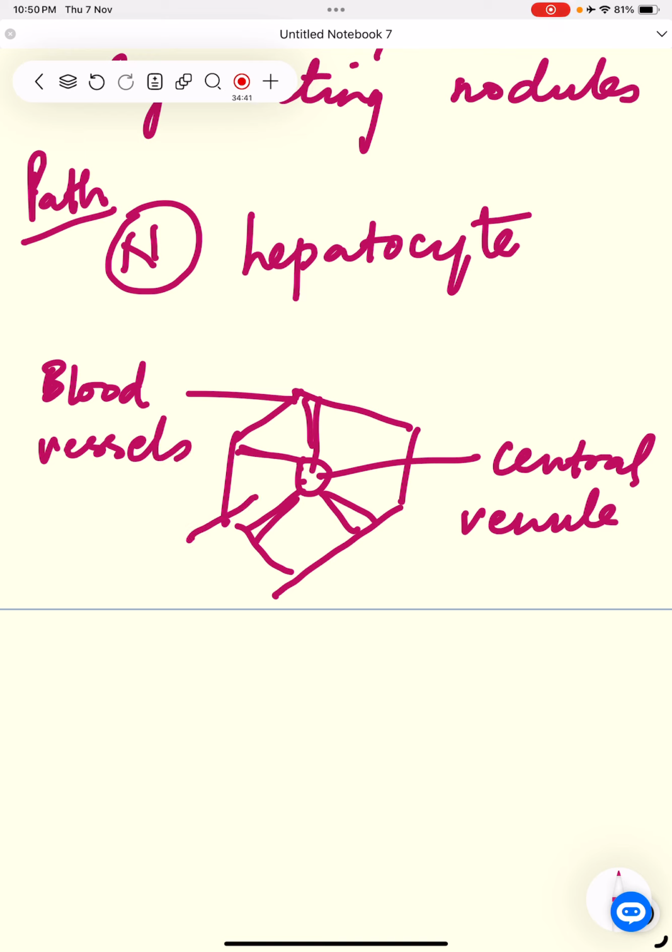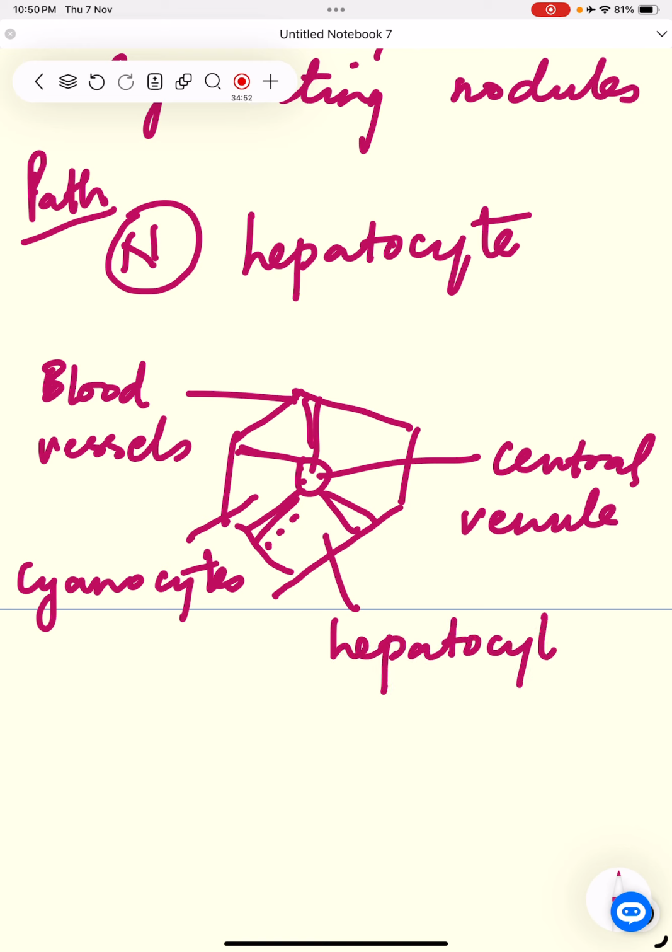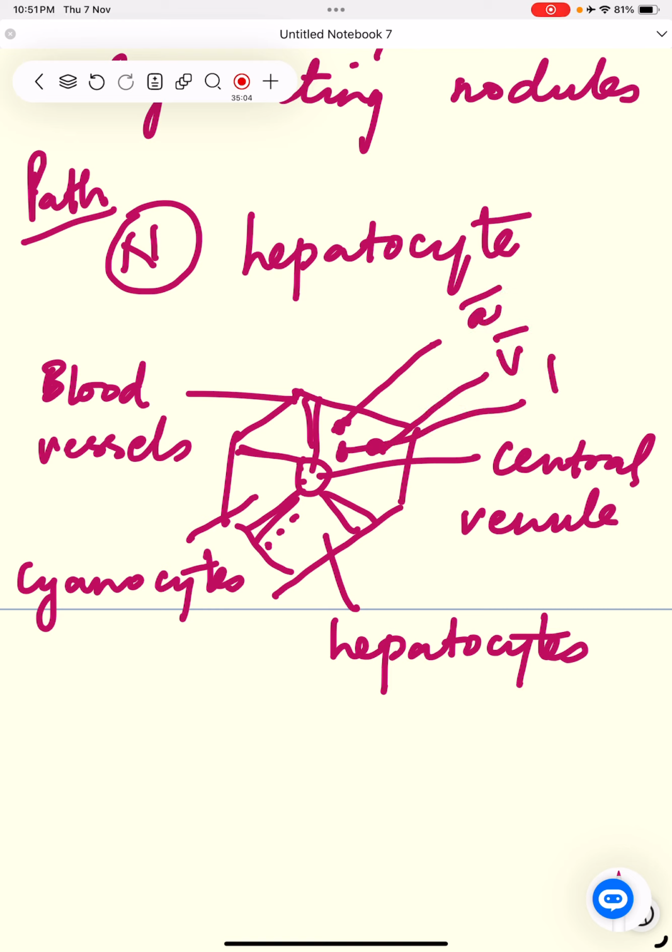There are sinusoids, and of course there are all hepatocytes, and then there is a portal triad which consists of an artery, vein and bile duct.